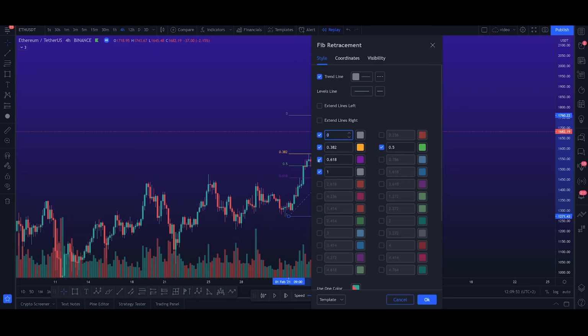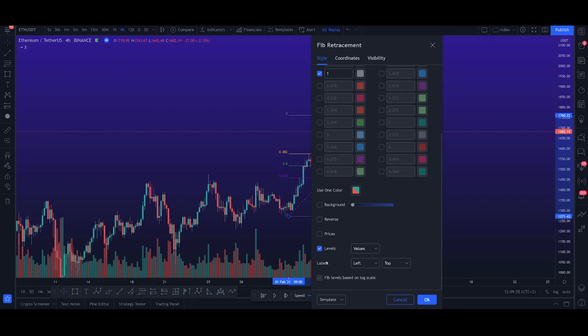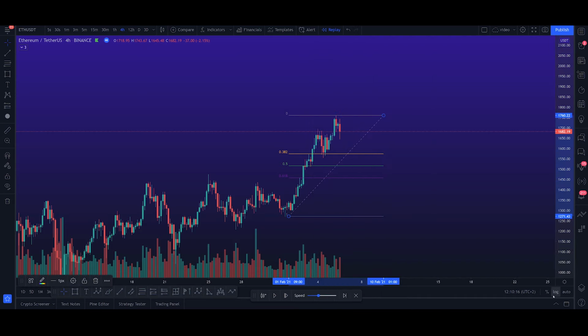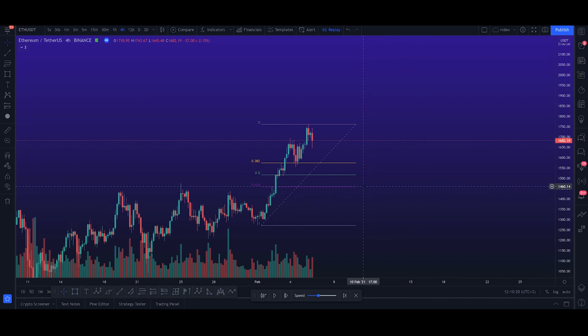Basically, I just chose to show certain levels, and when you go on the bottom part of your Fibonacci retracement settings page, just make sure that you have checked or unchecked the Fibonacci levels based on the logarithmic scale if you are looking at the logarithmic chart. There are some differences and they might produce some errors if you trade the wrong ones.